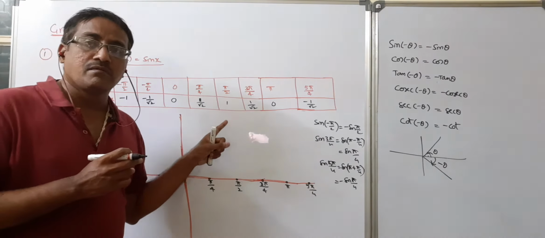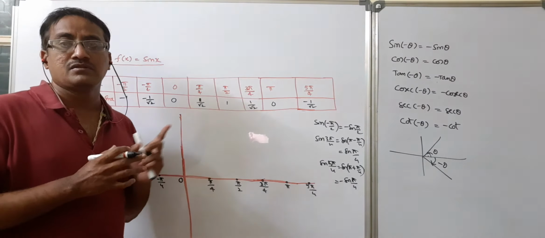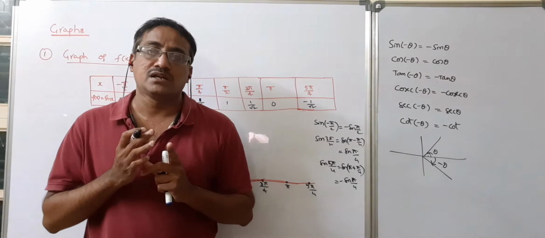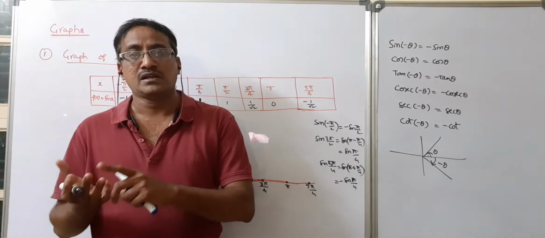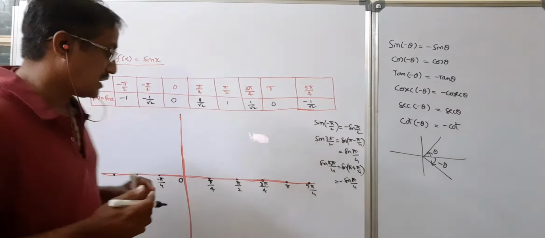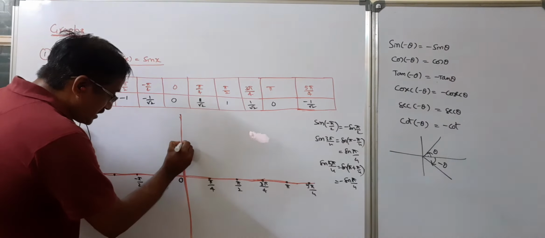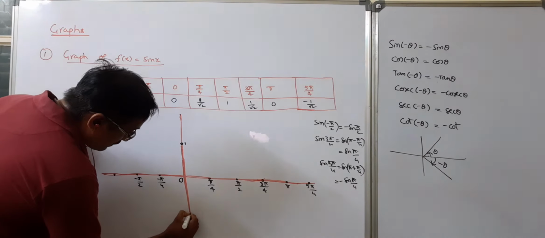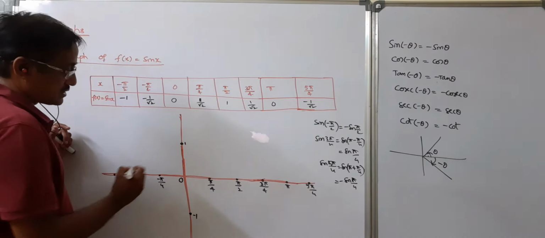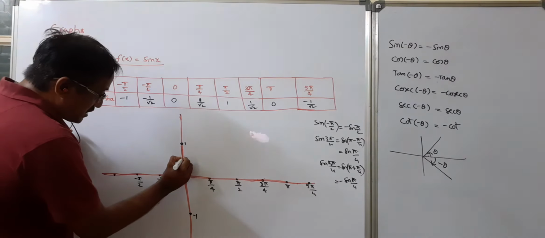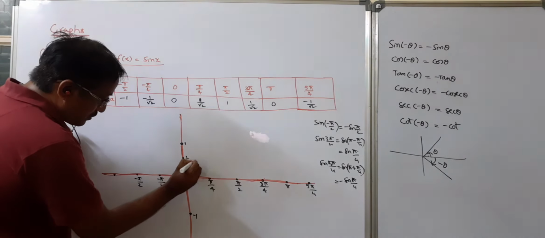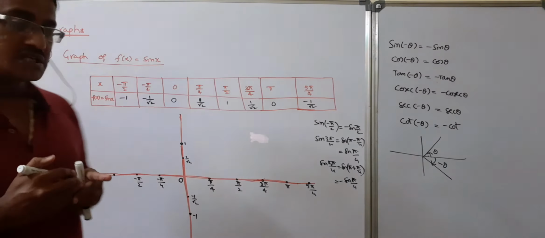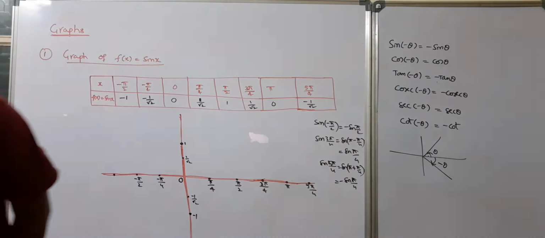Remember that for the function sin x, the maximum value will be 1 and its minimum value will be minus 1. So let us locate 1 and minus 1 on the y-axis like this. And in between these two, let us locate 1 by root 2 here and minus 1 by root 2 here. Now let us see how you are going to draw the graph.